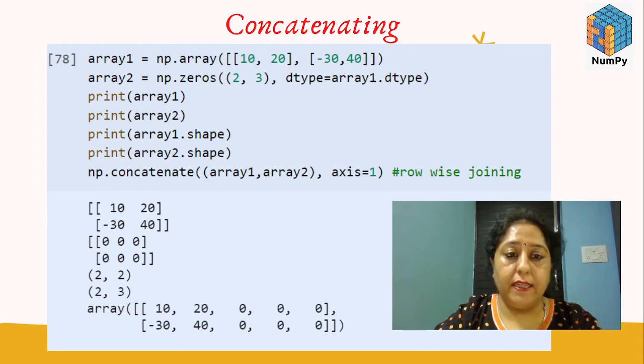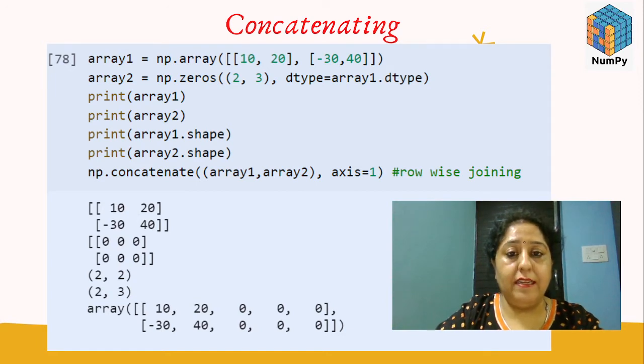Now you create another array, array 2, by the function np.zeros, where you give the dimensions as 2, 3, which means it will have 2 rows and 3 columns in each row. By default, it will create the array with floating point elements, 0.0 as each element. But here we want it to have integer values.